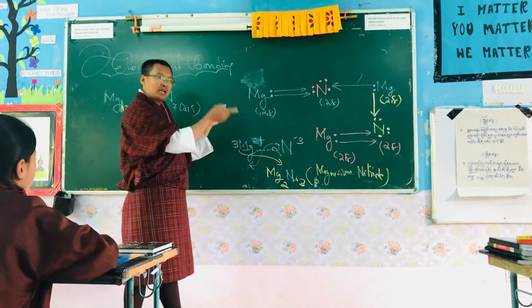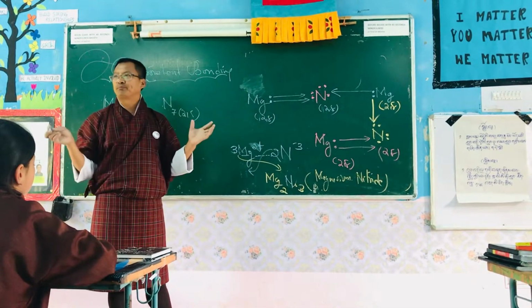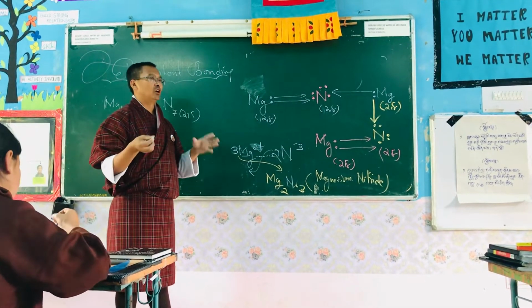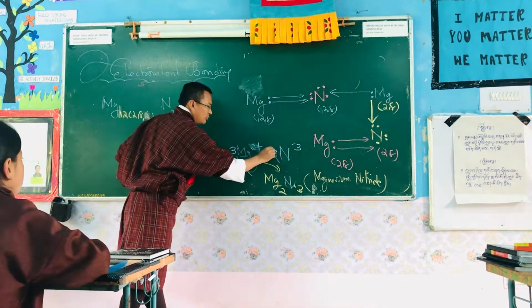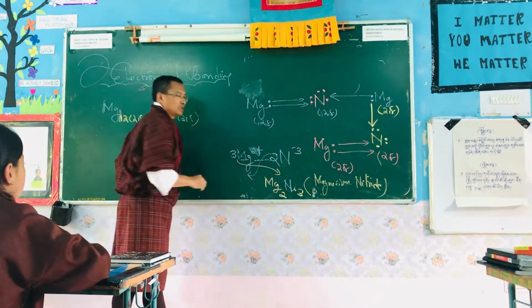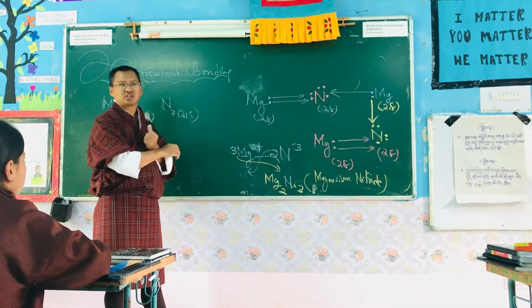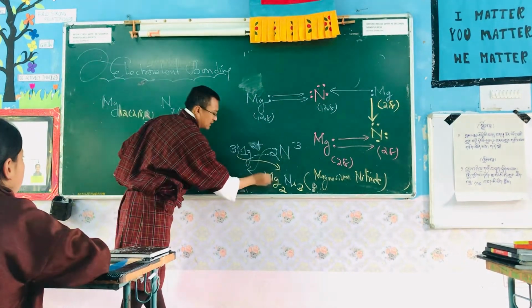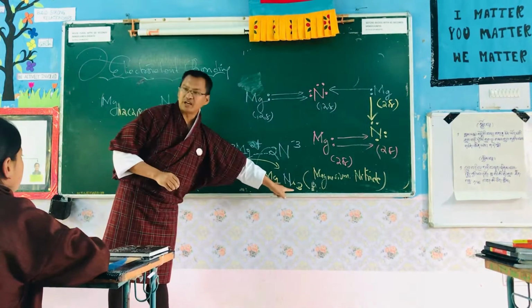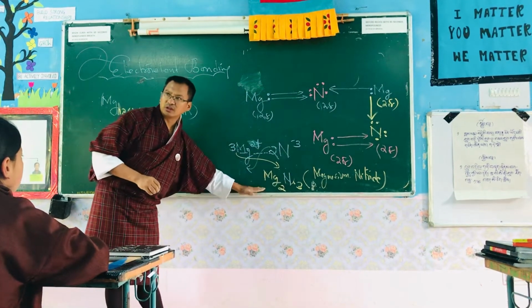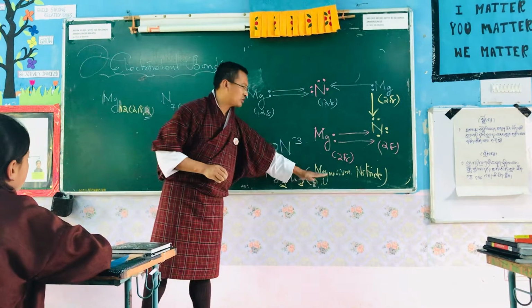So when you make a molecular formula of a compound, what we do is look at how many atoms have taken part, and we just cross multiply. It's like cross multiplication in mathematics. So then it becomes like this. Magnesium nitrate. Are we clear on this one? Yes. We call this magnesium nitrate.